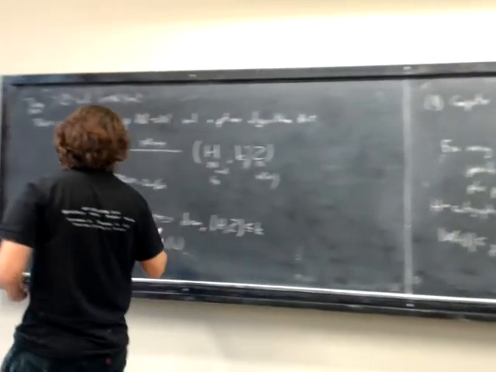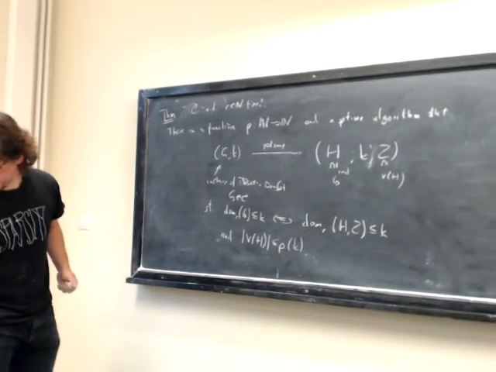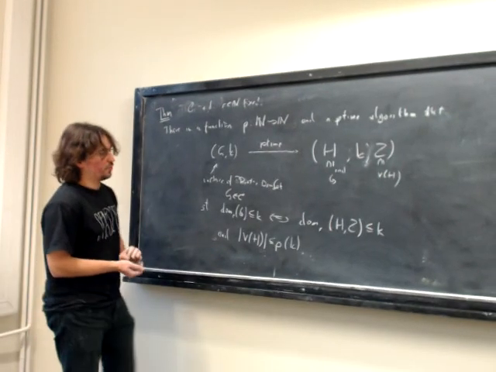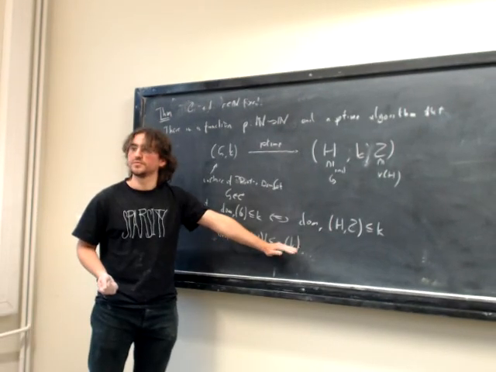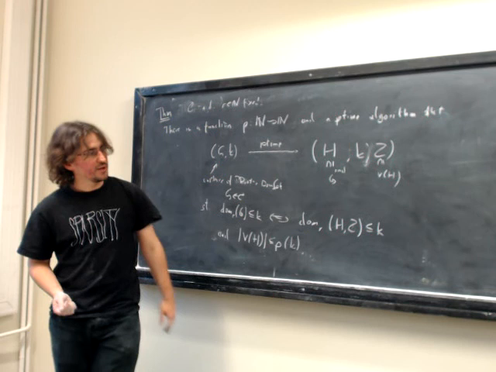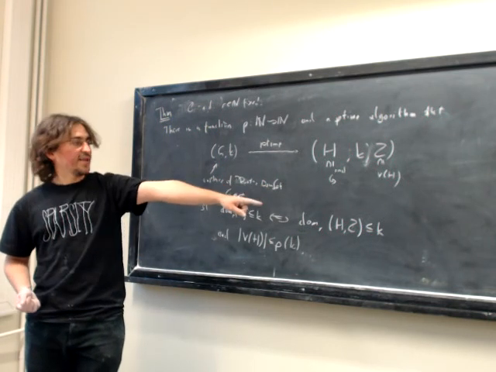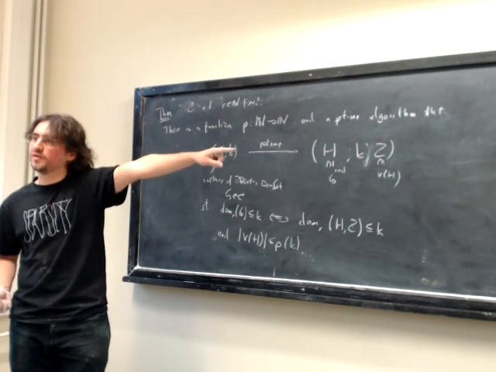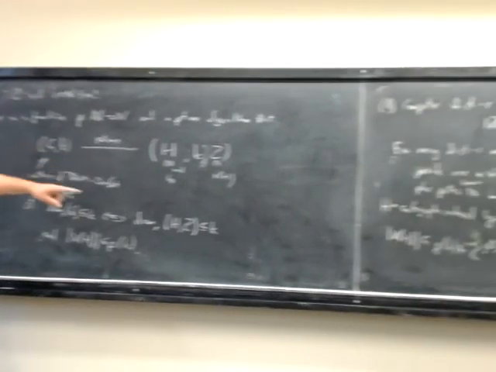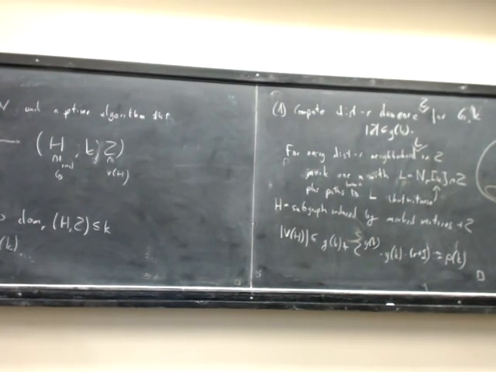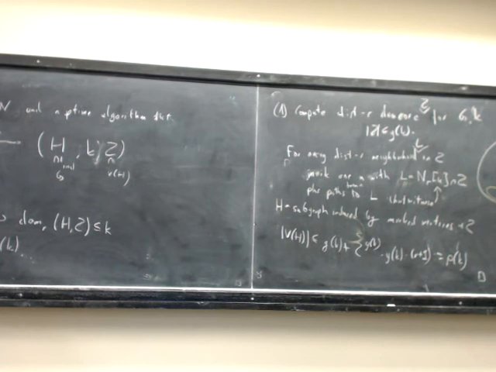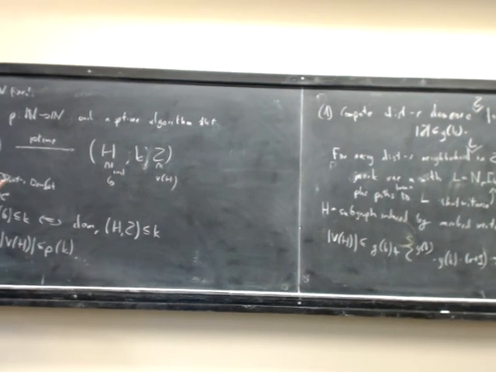And again, you can consider what should be the function p of k. And again, the same story. g of k is actually a polynomial in k. And instead of writing 2 to the g of k, I could have written the number of neighborhoods, which is actually something like g of k to 1 plus epsilon. So polynomial in g of k, which is a polynomial in k.